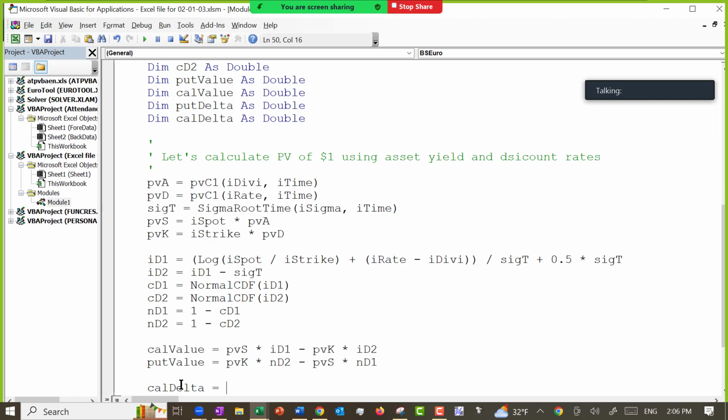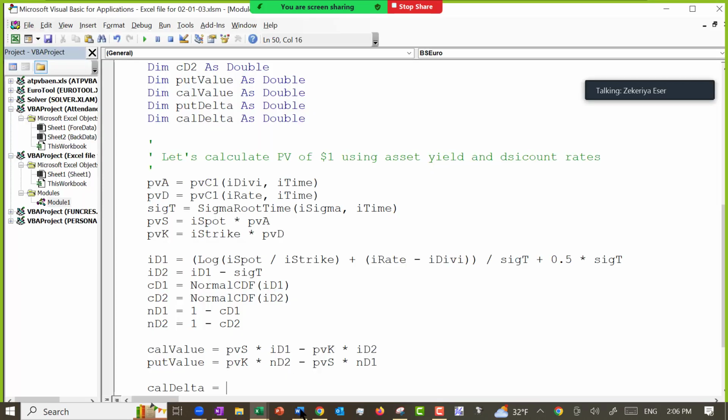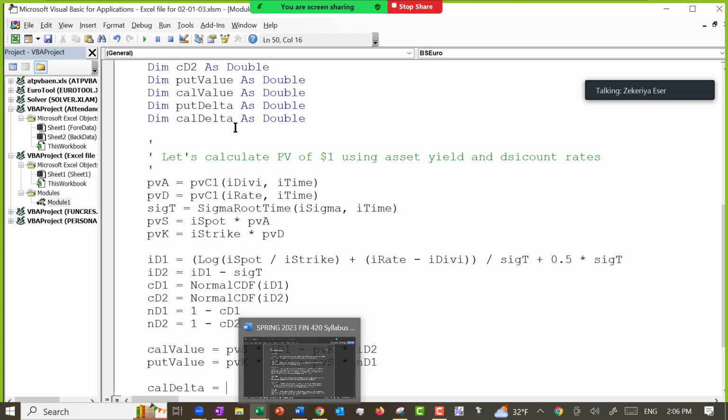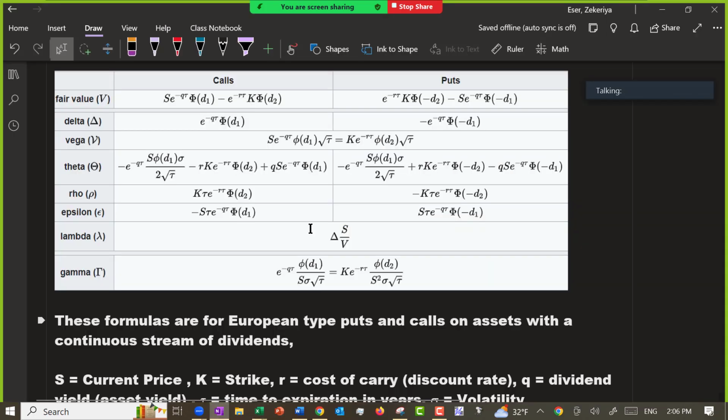Let's get the call delta. Present value of $1 using the asset yield times cumulative of D1. That's why I needed them separately. PVA versus PVS. So PVA times CD1. PVA, CD1.